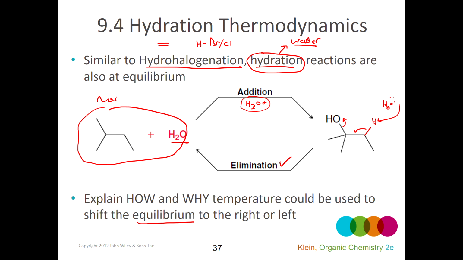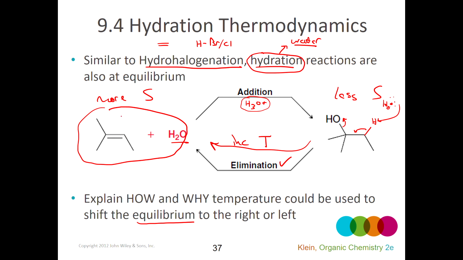There's more entropy when I've got 2 moles of particles moving around with greater variety, and less entropy when I've got everything connected together in one molecule. So the entropy here favors the elimination. And if I want to shift the equilibrium to that side, I increase the temperature. Increase in temperature always makes delta G more favoring the side with more entropy.